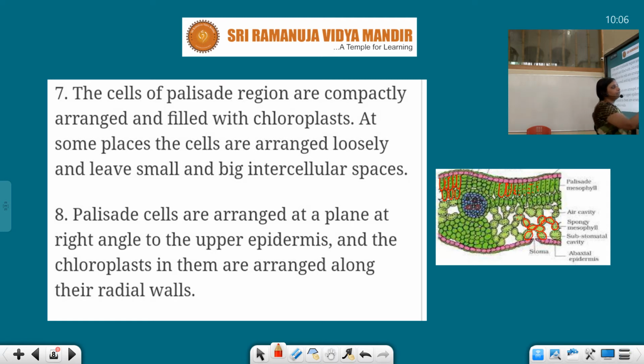And here, in between these palisade tissues, we can observe parenchymatous cells are present. These cells are called bundle sheath extensions. So that structure we can observe in mesophyll. So in the mesophyll, we have seen it consists of 2 types of structure.